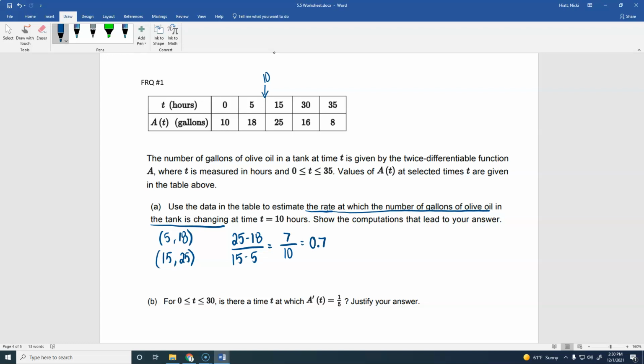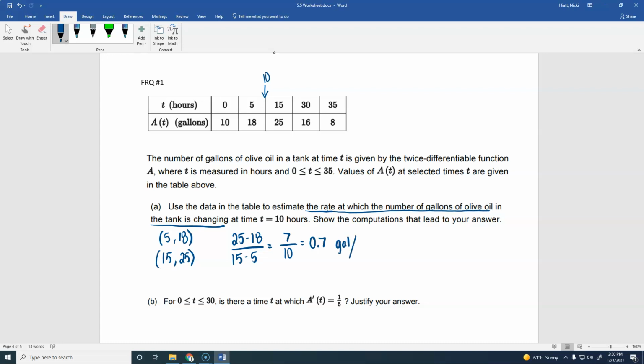It doesn't specifically say right here, but in AP questions, typically, if they give you units, you need to put units on your answer. Now, this one in particular doesn't ask for the units. A lot of times they will, so that may or may not have a point for units on it, but a lot of times it does. So just to be in that habit, what would the units for this rate be?